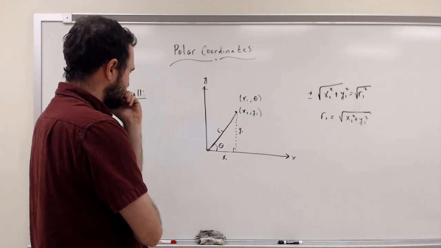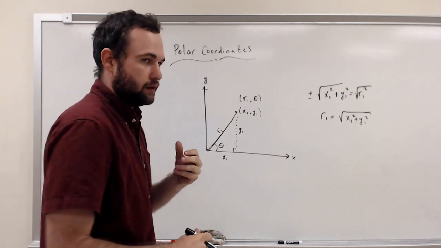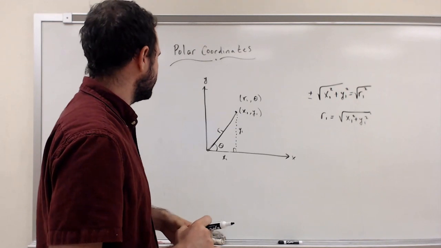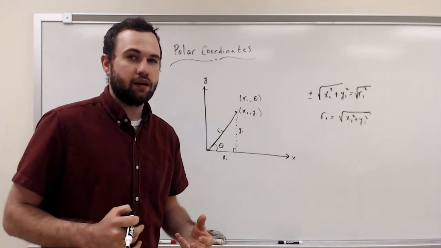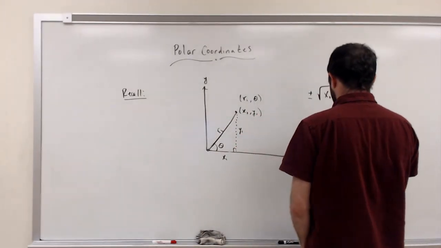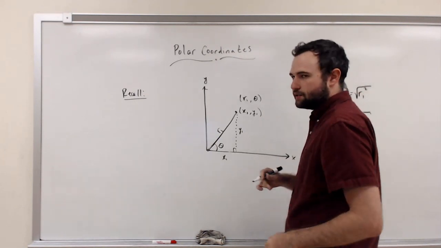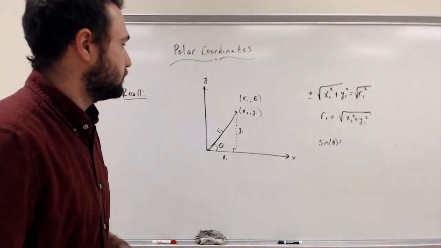Well, let's try trig, right? That's the whole point here, to use what we know about trigonometry and pre-calculus. So let's look at sine of theta, okay? Again, we kind of just play around here, like we're just trying to discover this. So let's just play around with some of the trig functions we know.